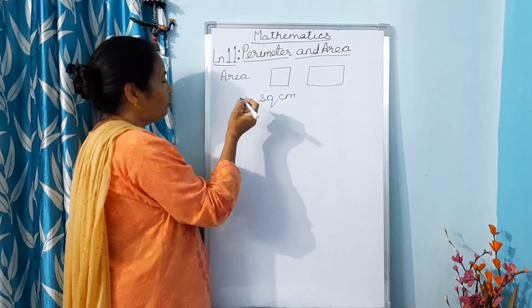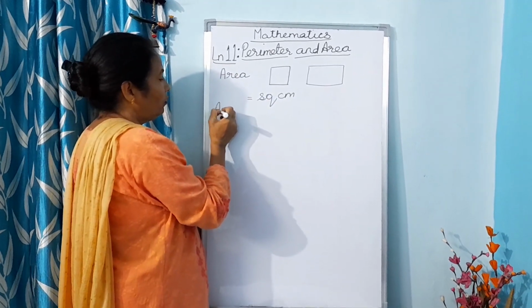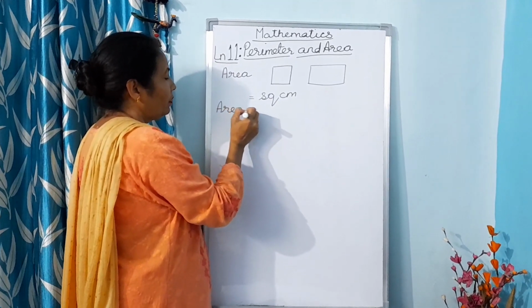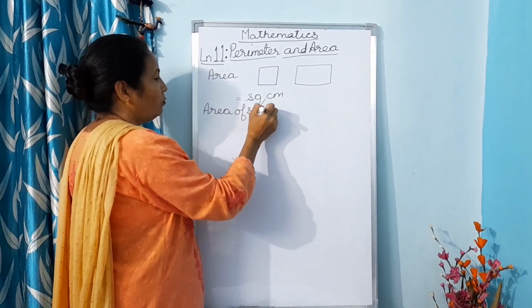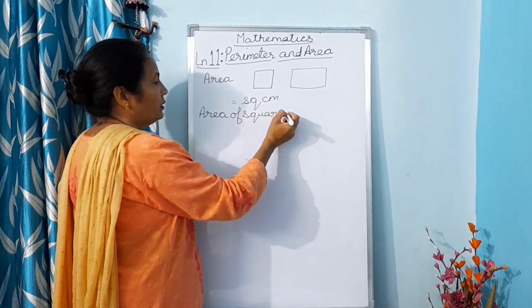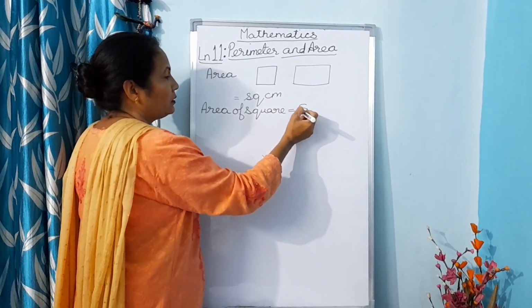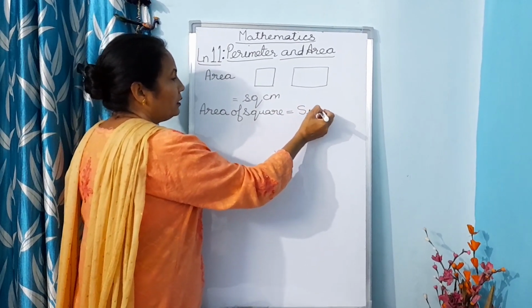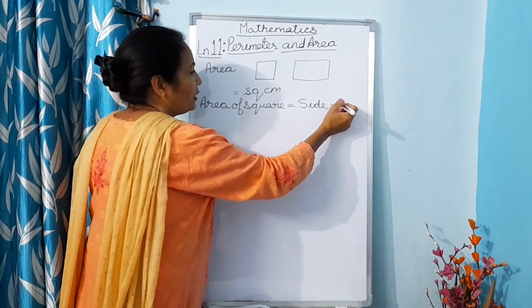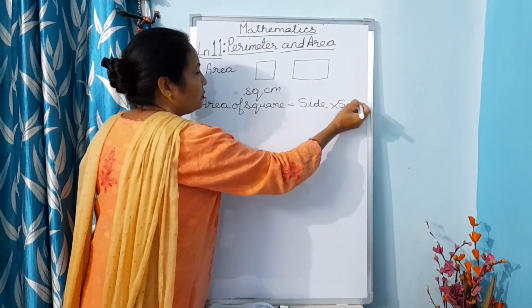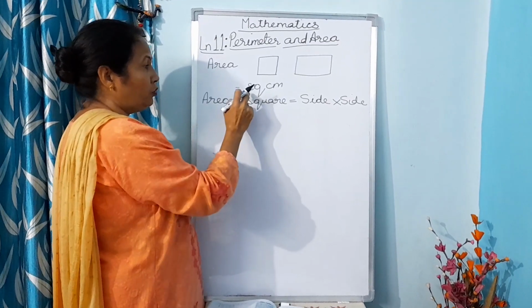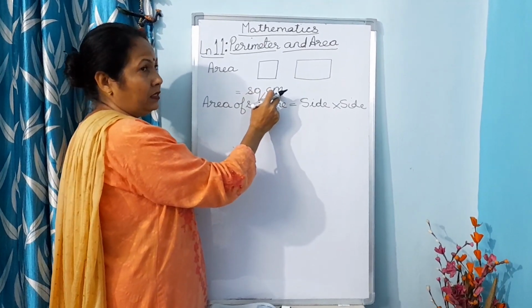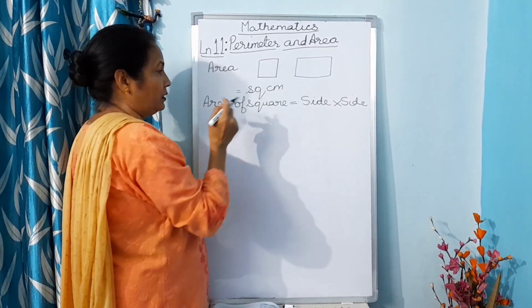Now I am going to write the formula of area of square. Now what is area of square? Area of square is side into side. Means you are going to multiply the two sides and then you will write square centimeter. That is doubling it.